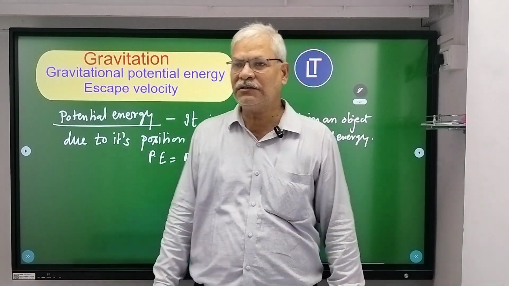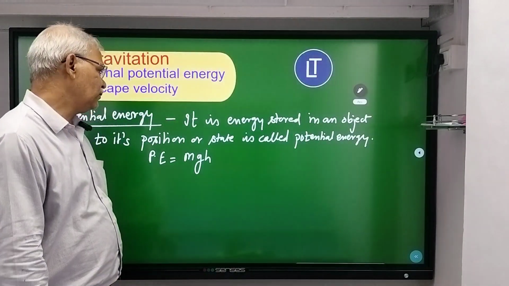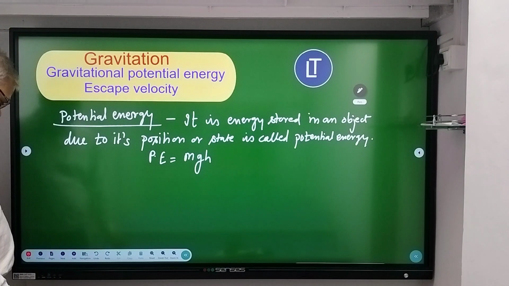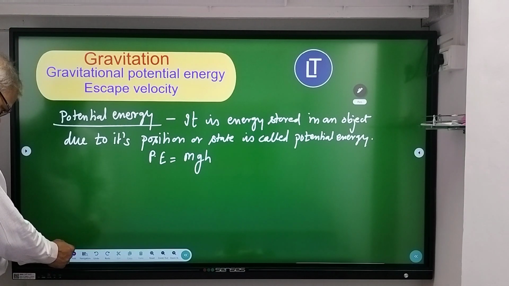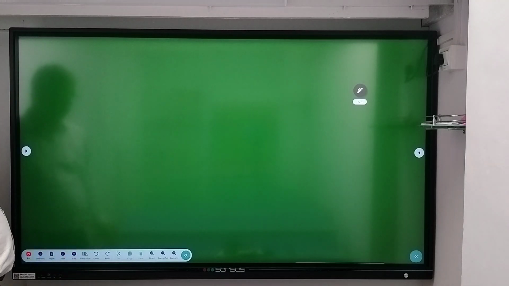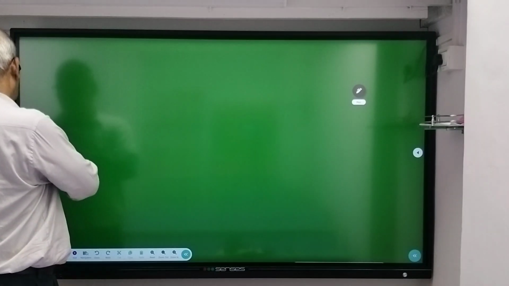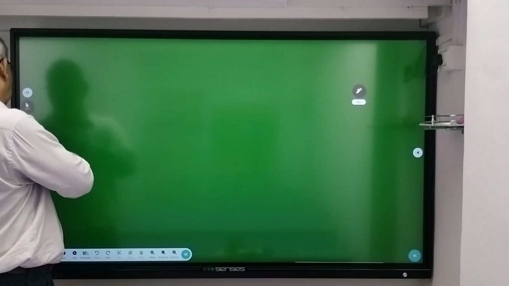Okay, now see here, I am going to explain it. The potential energy due to the earth's gravitational force. Now see here, I am going to draw a figure regarding it.